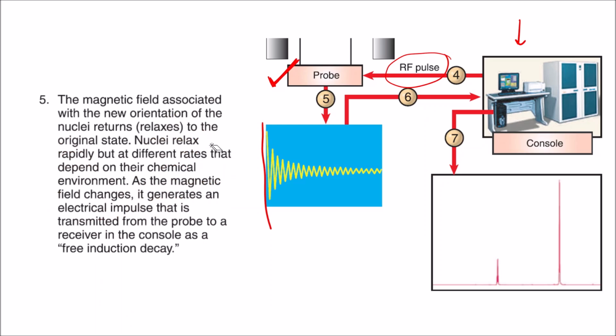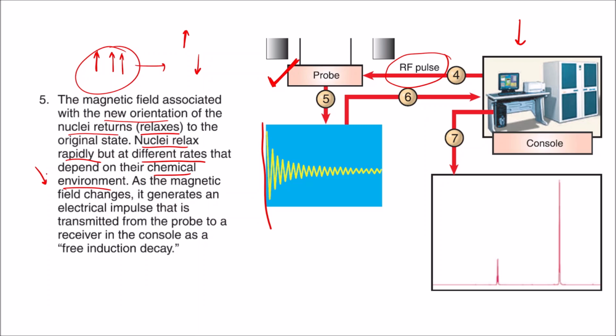The fifth thing is the magnetic field associated with the new orientation of the nuclei. Initially all the nuclei are oriented in one direction. When you apply the magnetic field, some are in the alpha state, some are in the beta state. Based on the relaxation, the nuclei will relax at different rates based on the different chemical environment.